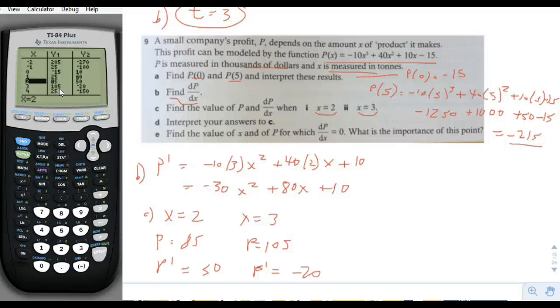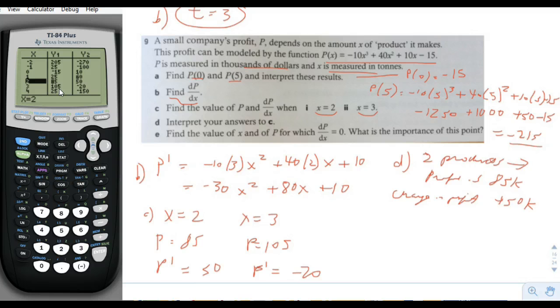D, interpret your answer to C. Well, when it makes 2 tons of product, which is x equals 2, then the profit is $85,000, and the change in profit is plus 50K.